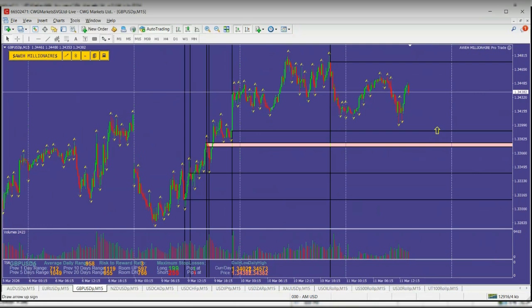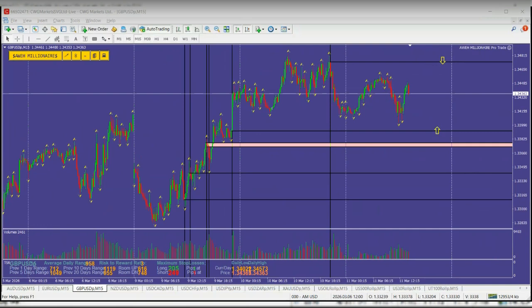We'll also have our supply number 1 at the top there. Then we've got demand zone 2, 3, and demand number 4 all the way below. And this will be the levels of focus for CPI on GBP USD.